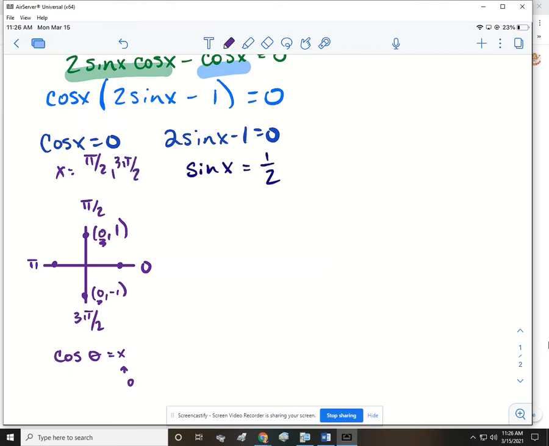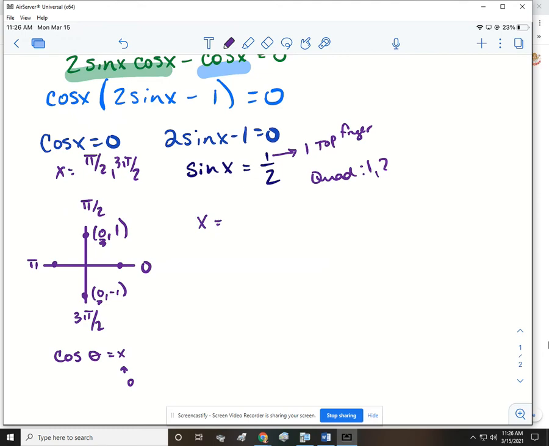Okay? And then for sine of x equals 1/2, I would use the hand trick. For sine is the square root of the top, so I want 1 top finger. I also know that sine's positive in quadrant 1 and 2. Okay?